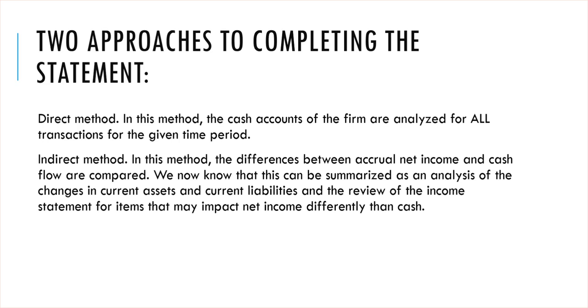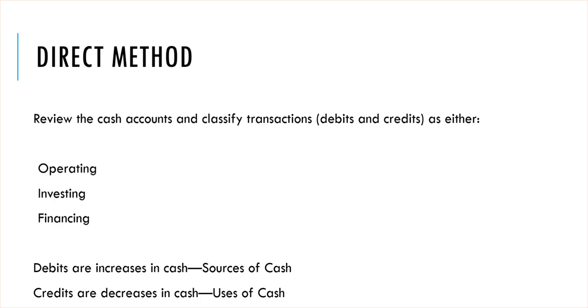So I really do like the indirect method. It also helps you understand better the theory of accounting. So I hope you will take some time when you go through that cash flow statement with Carpet Company, and then you apply it to your homework, because it's very helpful in your understanding of accounting.